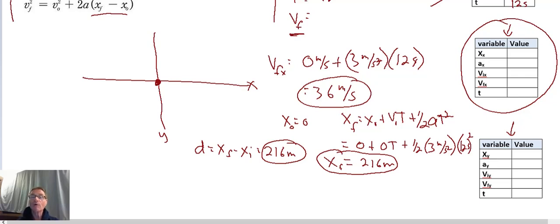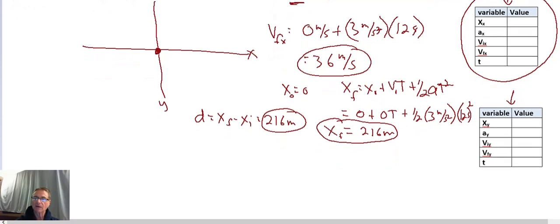Notice that there is no subscript for t. Time is the one variable that does not matter whether it's going in the x direction or the y direction. We'll use that much more when we do kinematics in 2 dimensions. But time has no dimension, either x or y.